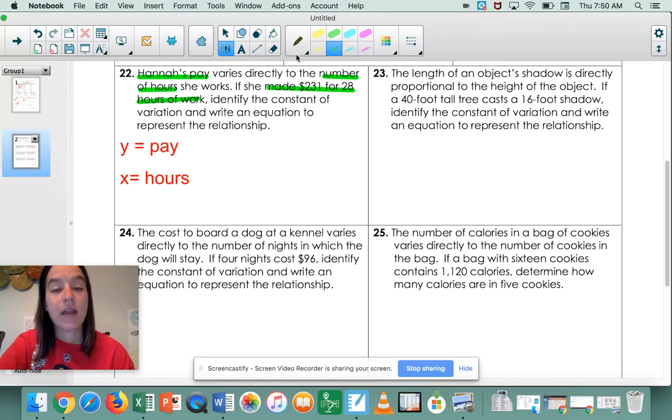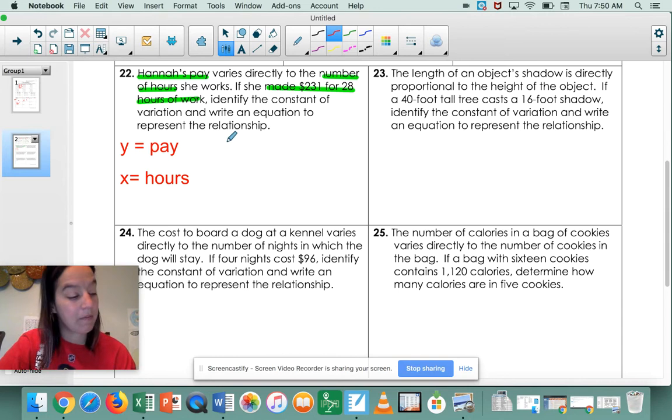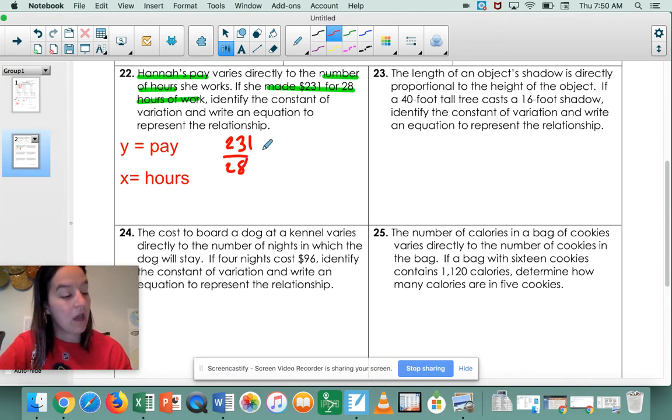So for my rate, what I'm going to do is I'm going to take 231 for 28 hours, and I'm going to make that into my rate. 231 over 28. Okay, which ends up being $8.25 per hour. And I figured that out by simply doing division.